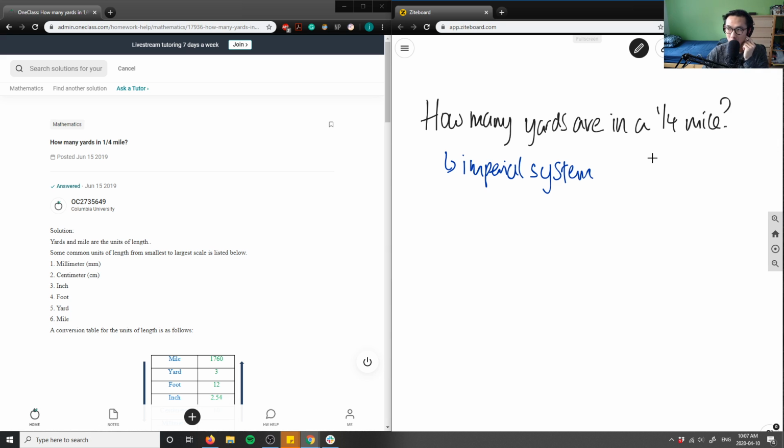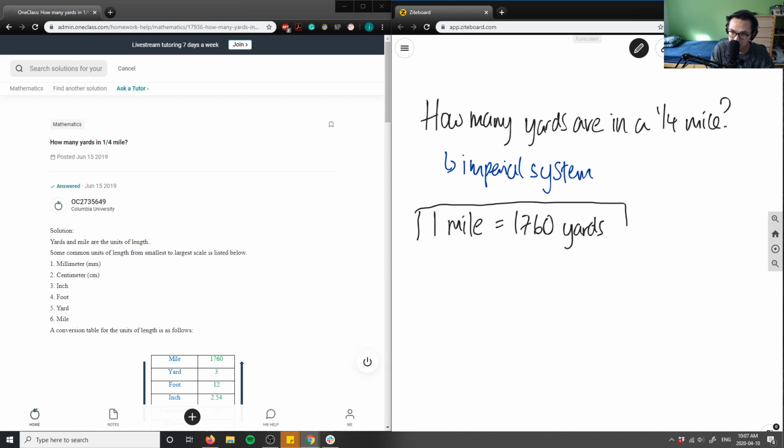Maybe I'll give you a little hint. 1 mile equals 1,760 yards. Using this conversion, we can solve for our problem. This is kind of our equation here, and we're using this to solve for our question.